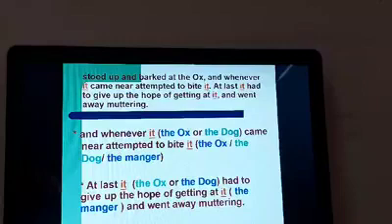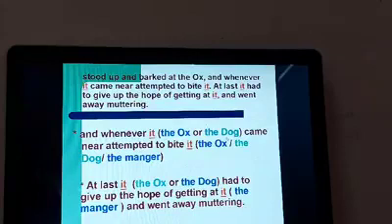Bite what? So we are thinking that it may be the ox, because the ox was trying to eat something from the manger, or maybe the dog, because the dog is barking at the ox.